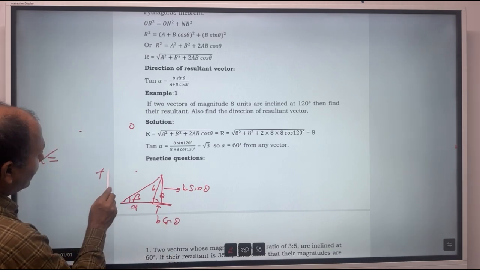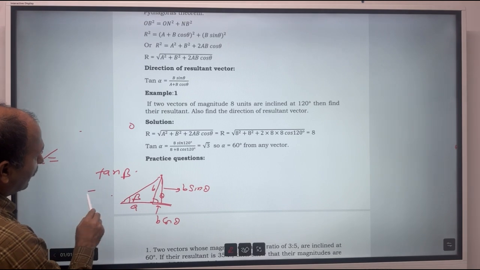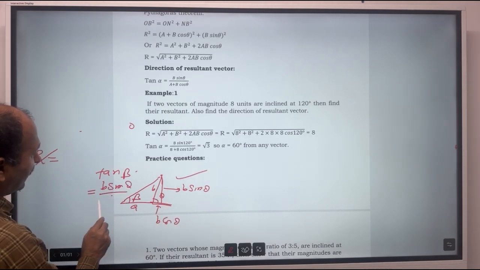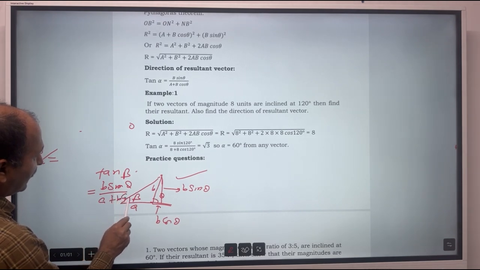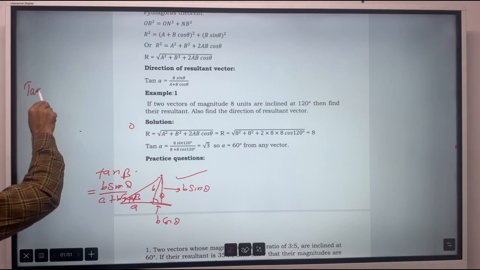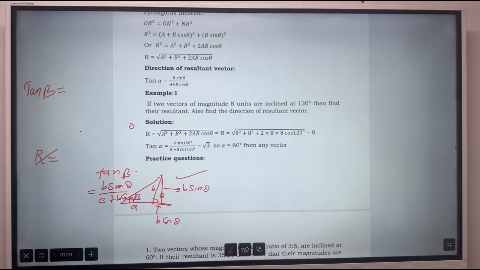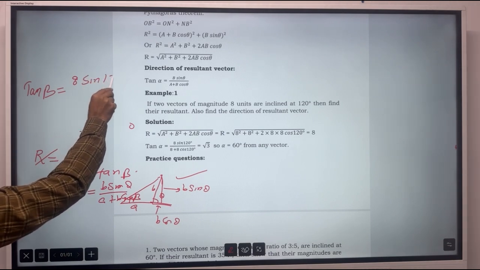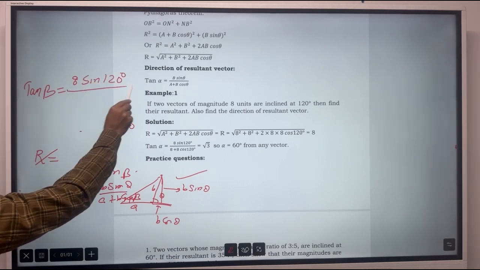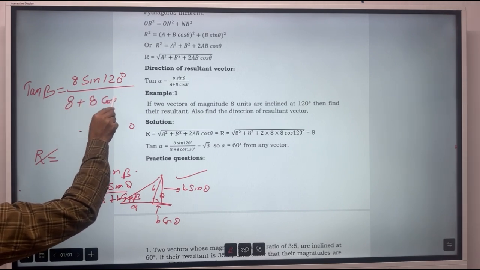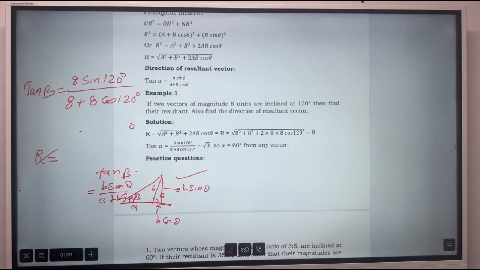So in order to find tan beta, what do we do? We write the perpendicular component b sin theta divided by a plus b cos theta. The same thing we can do here. Our concern is to get tan beta. So tan beta, we write 8 sin 120 degrees divided by 8 plus 8 cos 120 degrees.